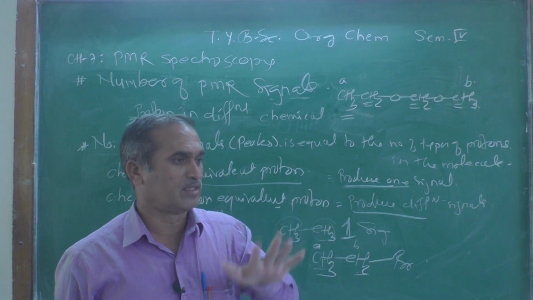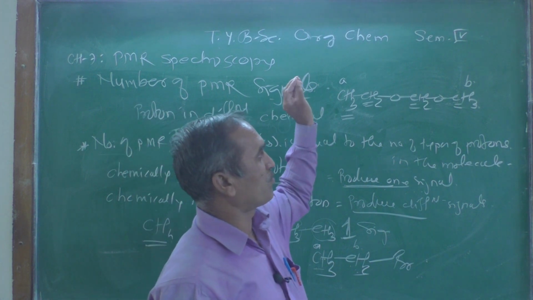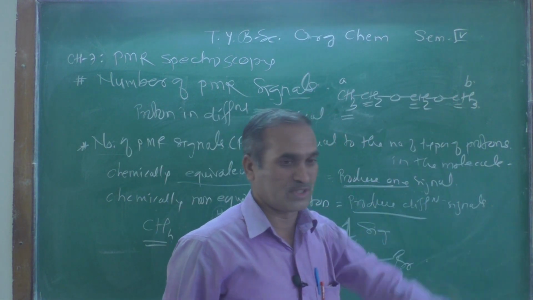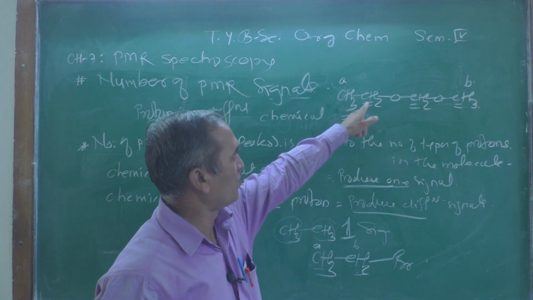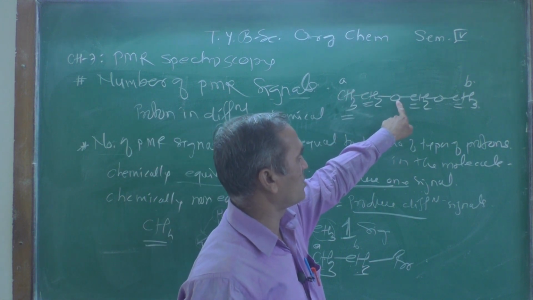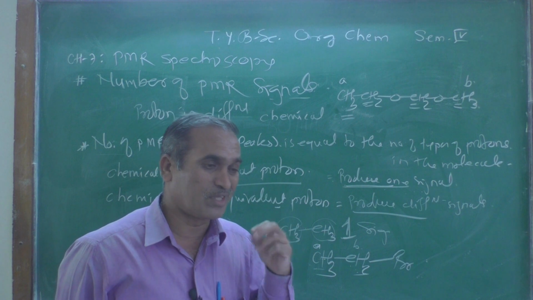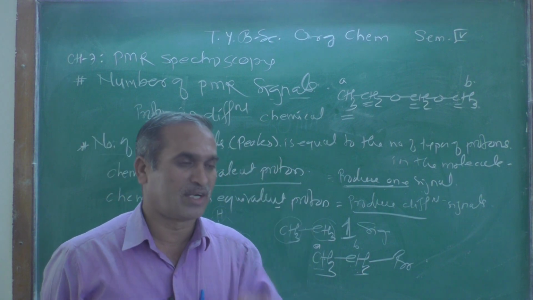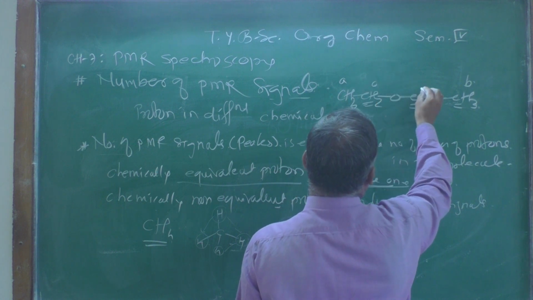They are not in the same chemical environment, and that's why they produce different signals. This CH2 has a neighboring methyl group on one side and oxygen on the other, but the other CH2 has oxygen atoms on both sides, and therefore these two methylene groups are also chemically non-equivalent and will produce different signals. So here you can call it C, and here you will get D.